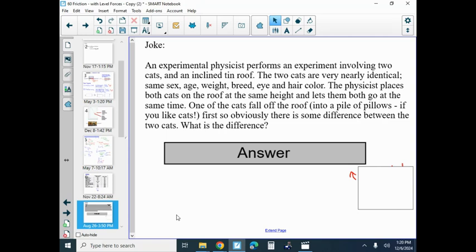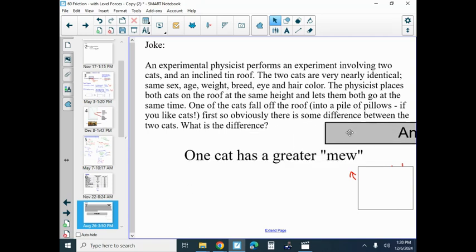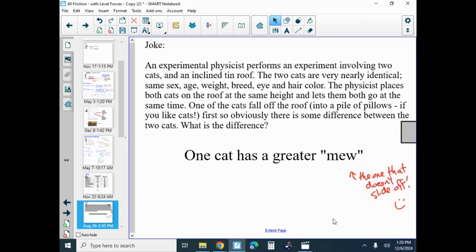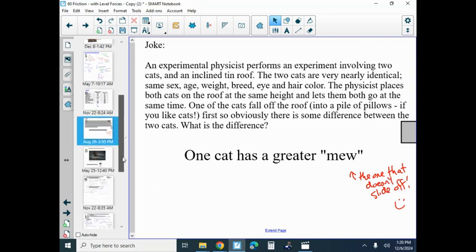What's the difference? Well, one has a greater mu, right? The one with the greater mu is the one that doesn't slide off as fast, or maybe doesn't slide off at all. It's a joke because the letter mu looks like this, right? I'm trying to write with the mouse, but yeah, mu.